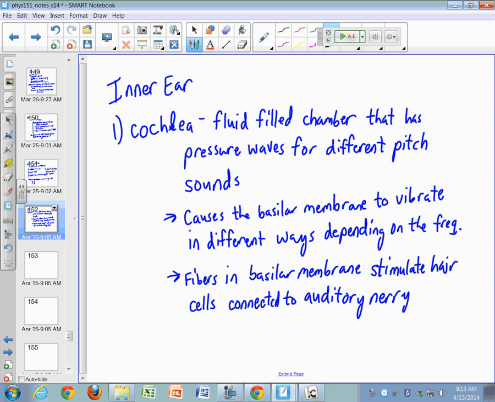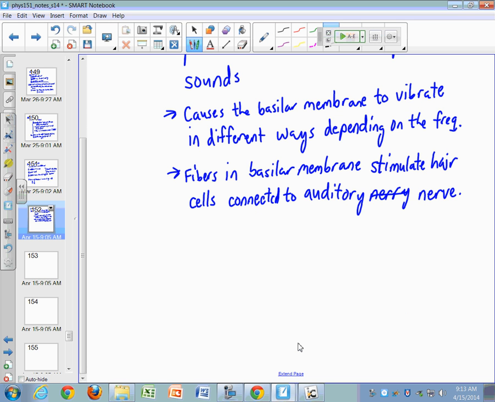Right, so these pressure waves come into your ear canal. They vibrate your eardrum. They cause those bones to vibrate as well, and then those vibrations are transferred into the cochlea.